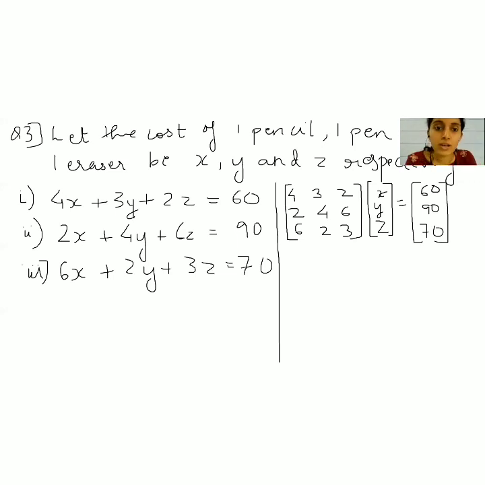Now what they have asked you to do is find the value of x, y and z. We can go by two methods. You can either use your reduction method or you can use your inverse method. I have used the reduction method first, so I'll show you by the reduction method. You can try it with the inverse method as well. Okay, so let us start. I'll take the matrix again.